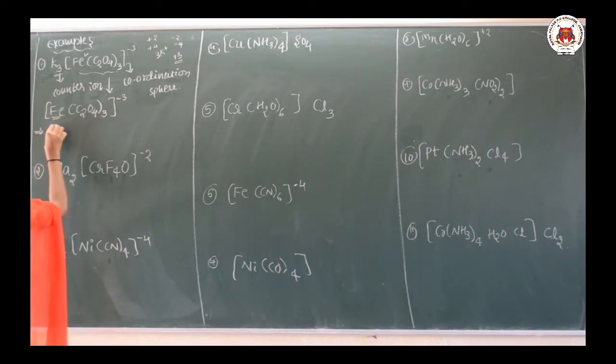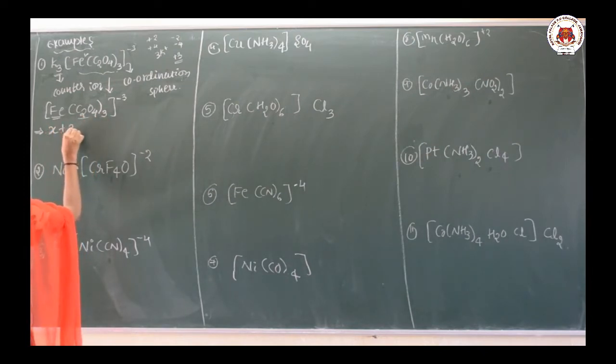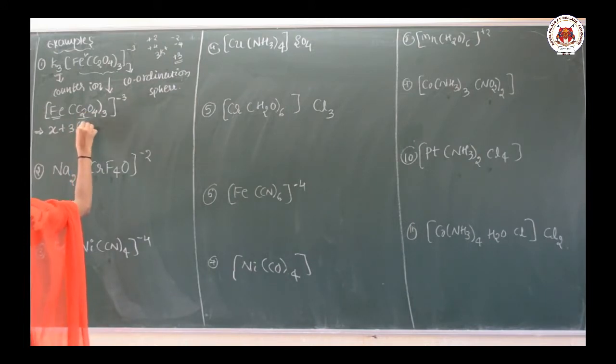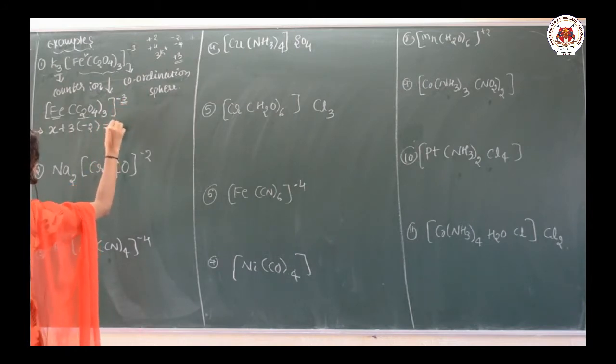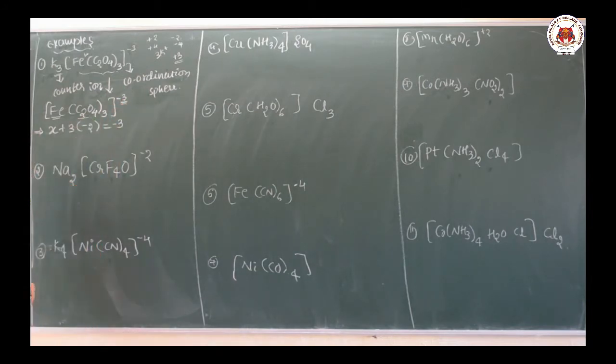I keep Fe as X, plus 3 oxalato, and the oxalato charge is minus 2, which is equivalent to the charge on the ion, that is minus 3.